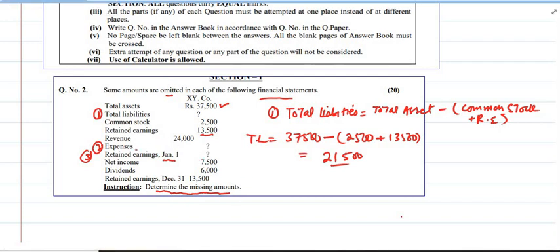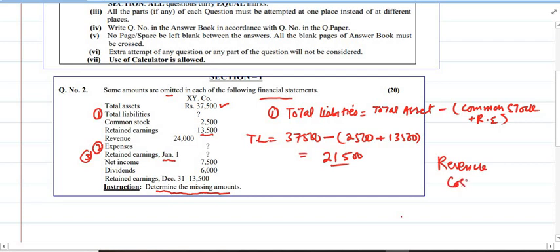Now the second number is expenses. If you remember from the statement of profit and loss, here we have revenue, then we have cost of sale, which is the expenses, and then we will have gross profit. I will say net profit here, or net income, you can also say that. We have to rearrange and calculate the expense.